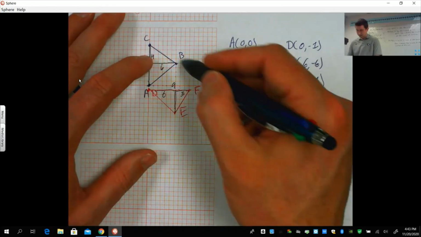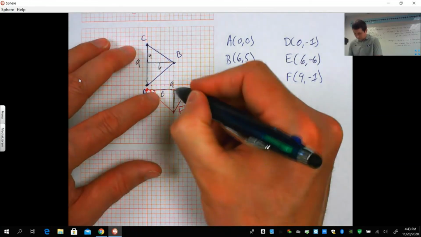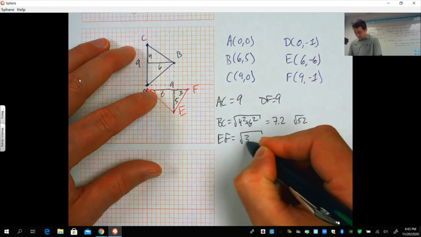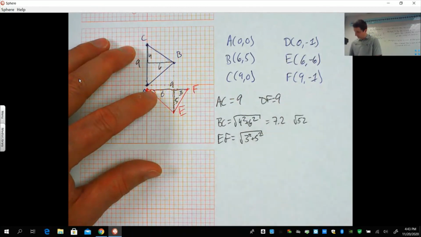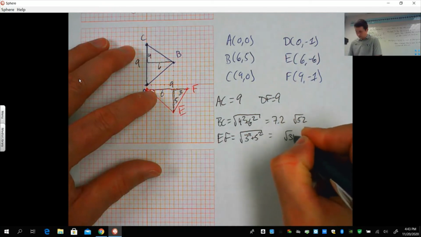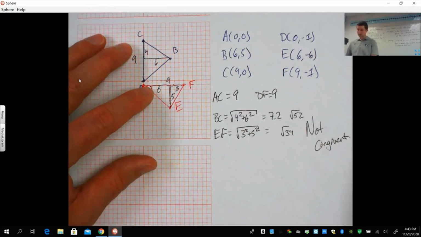And we can see now E to F is 5 up. That's the square root of 3 squared plus 5 squared. So 9 plus 25, that's going to be the square root of 34. They are not equal. So they're not the same length. That makes them not congruent.